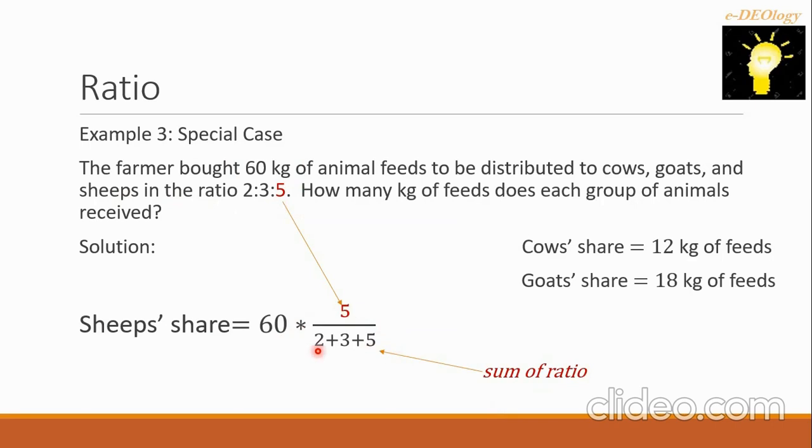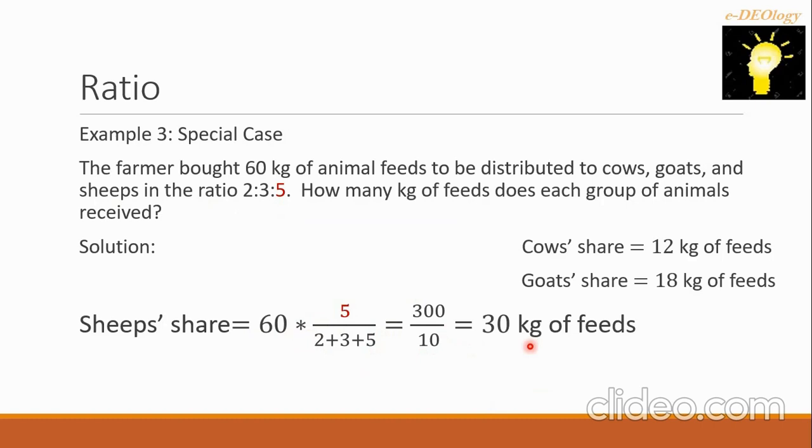Then we simplify. We multiply the 60 by 5 and get 300, all over the sum of these numbers, which is 10. So we divide 300 by 10, which is equal to 30, or 30 kilograms of feeds.